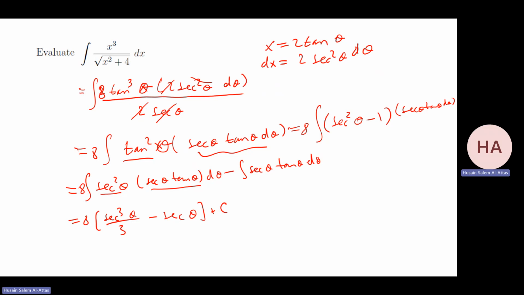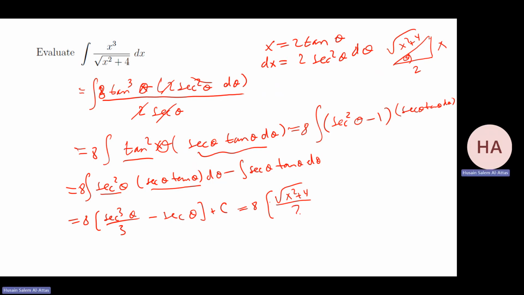Now we need to return everything in terms of x. Theta is opposite over adjacent, the square root of x squared plus 4 over 2.